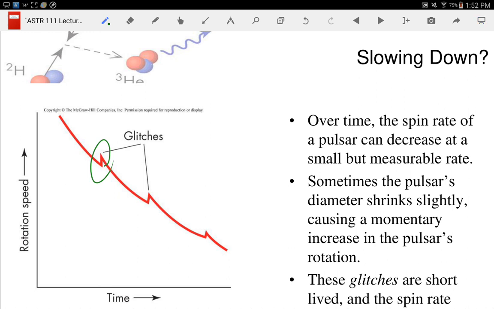When it collapses a little bit, just like when Seth was on the stool up here, you bring the mass a little bit closer to the center, and what happened to Seth's rotation rate? He sped up. So the conclusion is that these glitches where the spin rate increases are because it's shrinking a little bit.